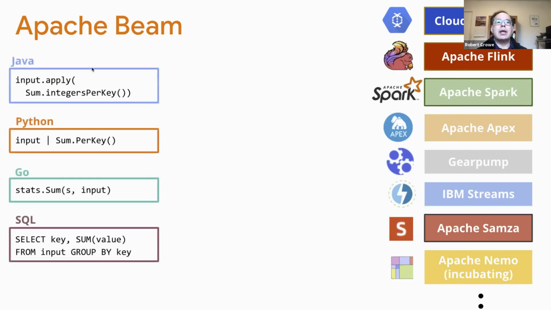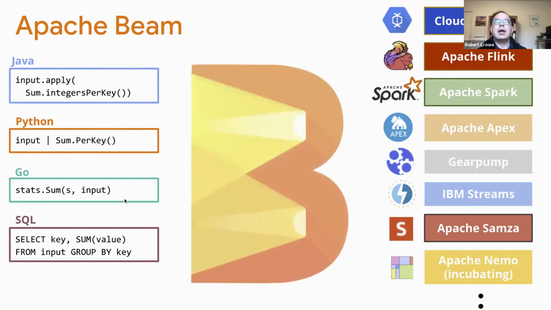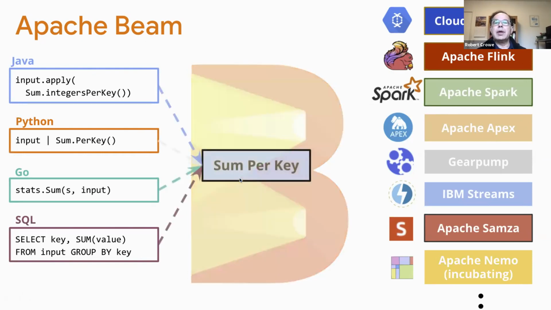There's a number of different languages that are supported by Beam, and they have SDKs for each language. So Beam sits in the middle between your SDK and your cluster, and you create pipelines really in the Apache Beam SDK with Apache Beam abstractions like sum per key.